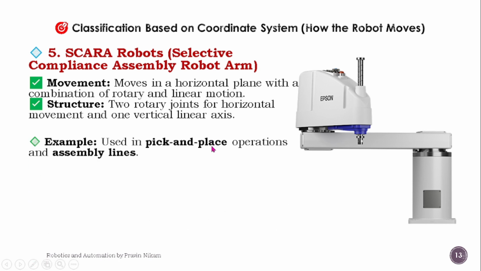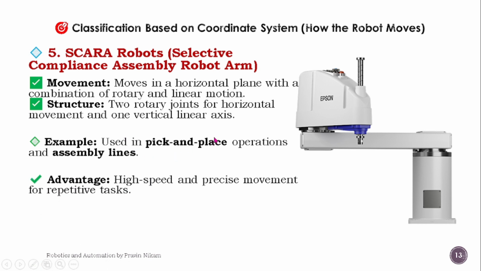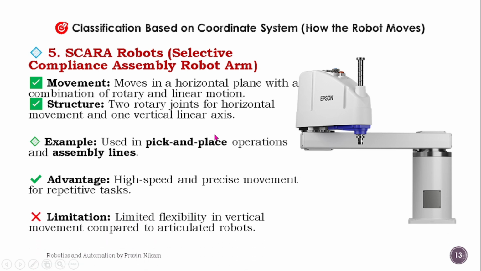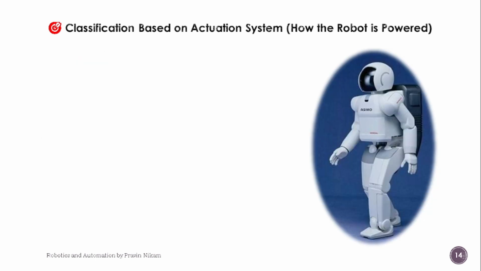Example is used in pick and place operations and assembly lines. Advantage is high speed and precise movement for repetitive tasks, but limited flexibility in vertical movement compared to articulated robots.